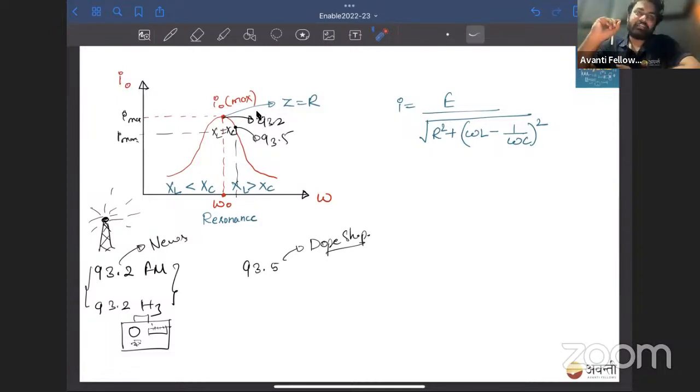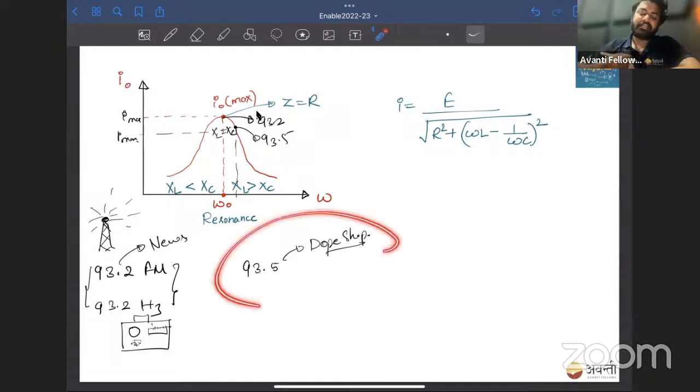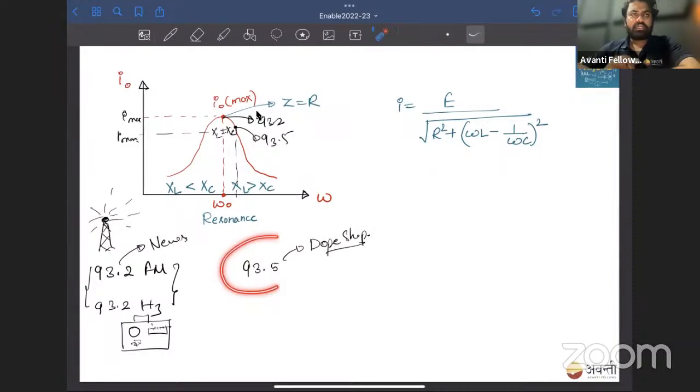For that, it is decided that you should choose a frequency such that the power is halved and the current is decreased by root 2. So for the other channel, this person will be guided that, no, you cannot keep 93.2. Keep a frequency in which the power is at least halved.